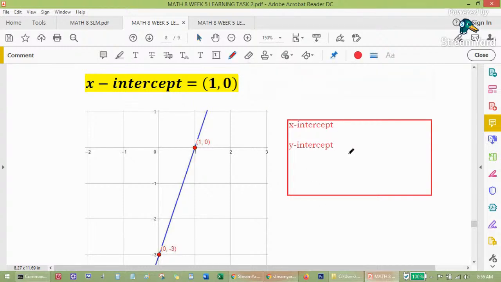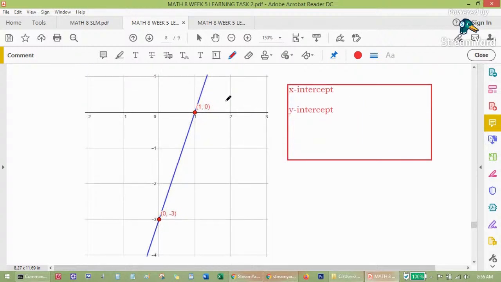Okay, so ano ba yung tinatawag na y-intercept? So, y-intercept is kapag nag-drawing ka ng line ng graph. For example, ito yung graph ng equation mo. Okay, so saan sa y-axis nag-intersect yung graph? Ito yung y-axis, dito siya nag-intersect.